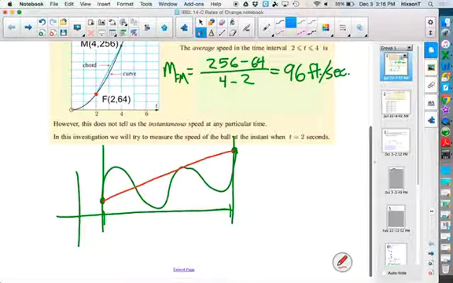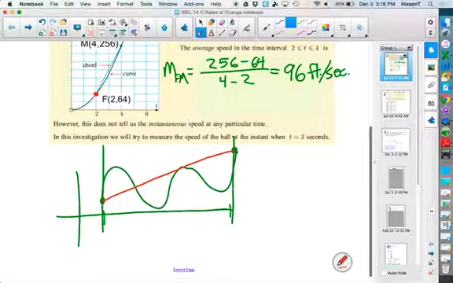So now, what we want to do here is focus in on this 2-second mark. Because, obviously, at 2 seconds, it hasn't been in the air quite as long as when it has fallen for 4 seconds, so it's not going as fast. And this average speed is the average over this entire time period.